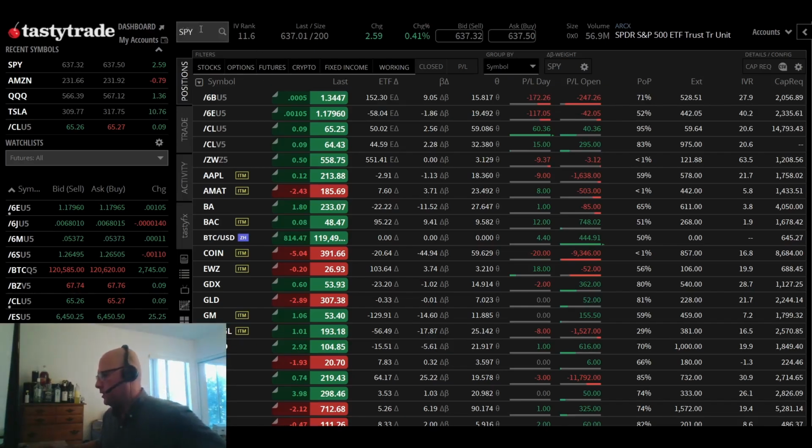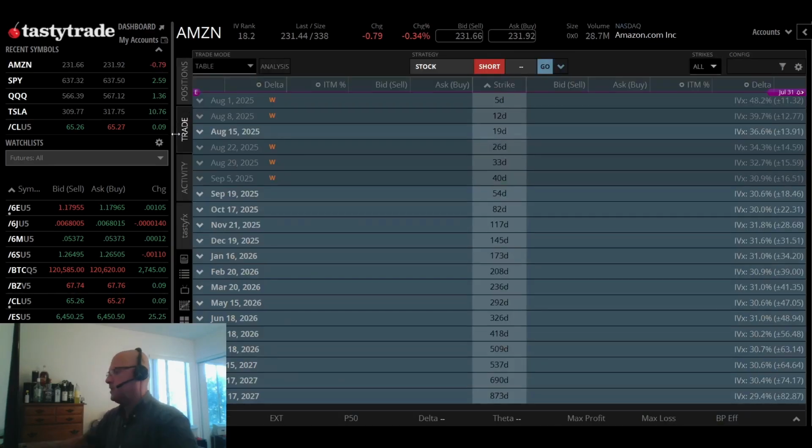So let us go over to Amazon. Let's just type in AMZN, the ticker symbol for Amazon. In Tastyworks, you go to the Trade tab. And this has earnings coming up in a few days here at the end of July.